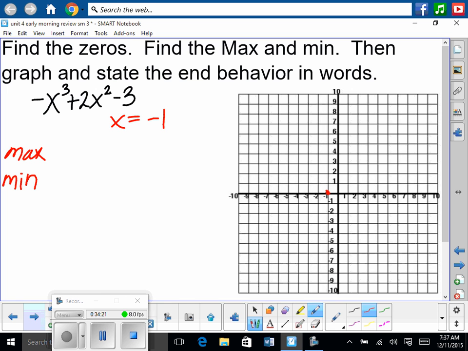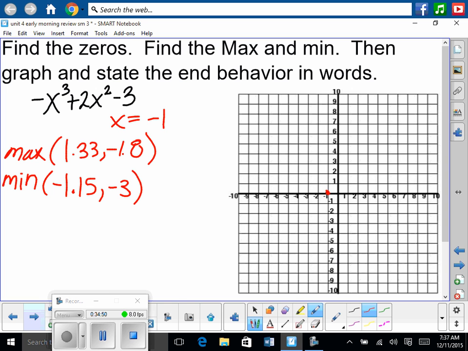I get a minimum of negative 1.15, and our y value is negative 3. For the maximum, second trace, make sure you're left of it, right of it, enter, enter, and I get x equal to 1.33, comma, negative 1.8.